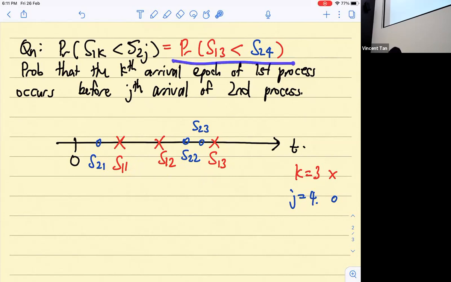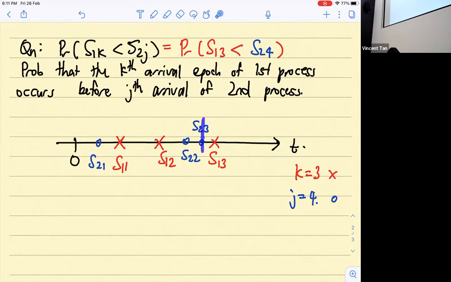So in order for this event to occur, the third red cross must come before the fourth blue circle, which means that the third blue circle must be at most at this point here, because then the fourth circle will be somewhere here.